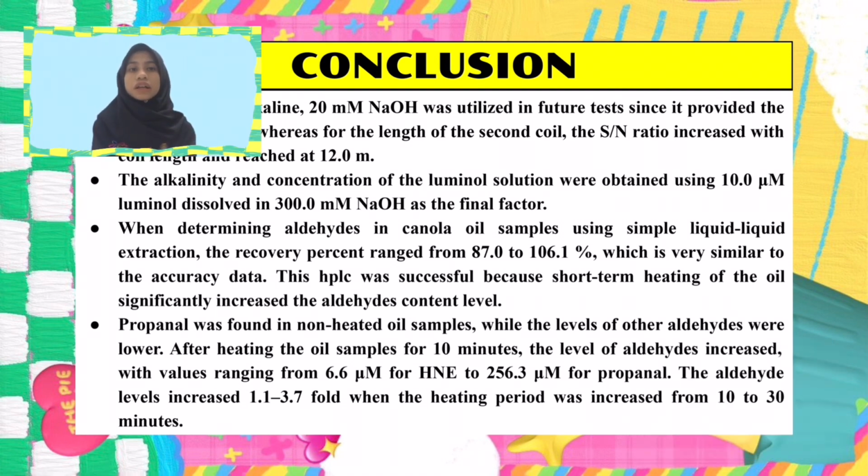Propanal was found in non-heated oil samples while the levels of other aldehydes were lower. However, after heating the oil sample for 10 minutes, the level of aldehydes increased, with values ranging from 6.6 micromolar for HNE to 256.3 micromolar for propanal. The aldehyde level increased 1.1 to 3.7-fold when the heating period was increased from 10 to 30 minutes.